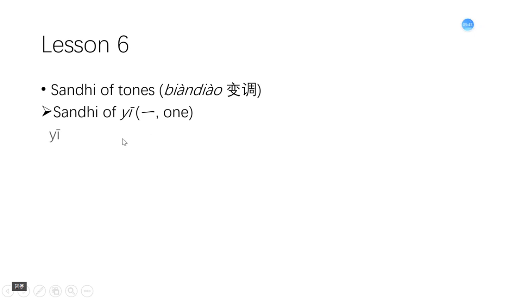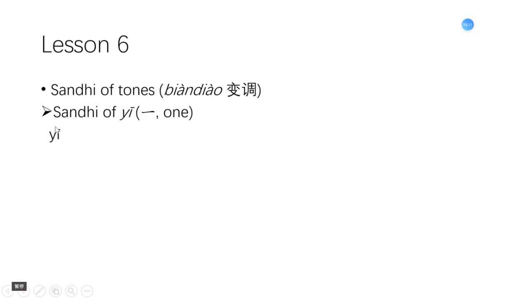Okay, so if 一 is read alone, like when we are counting numbers, like 1, 2, 3, in Chinese, so 一 in this case is read alone. So 一 is pronounced as a first tone syllable. By itself, 一 is a first tone syllable.